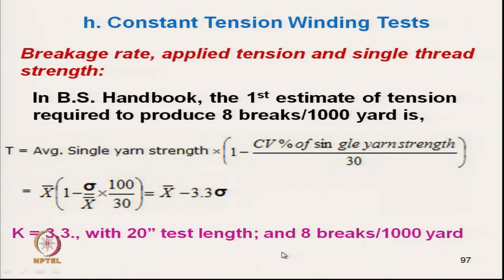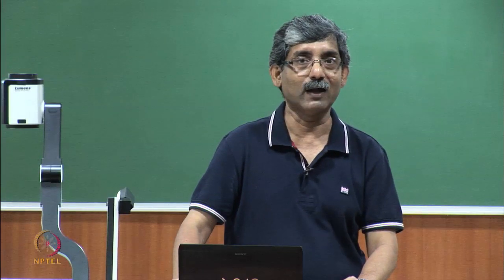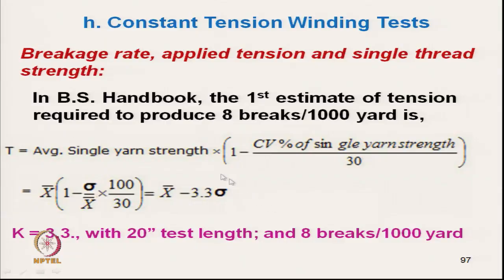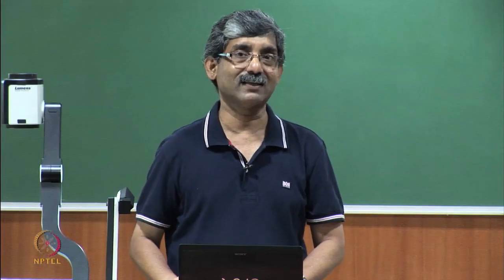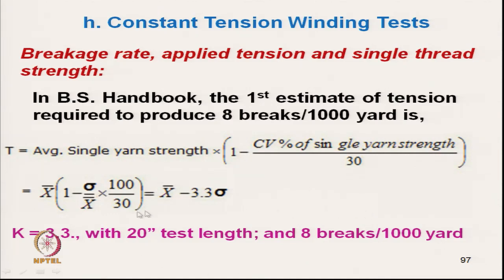So only for test length 20 inch and 8 breaks per 1000 yard is the known value of k 3.3. If we change these values, 8 and 20, then the k value will be different. So, if we want to use k as 3.3, then you have to set these values.